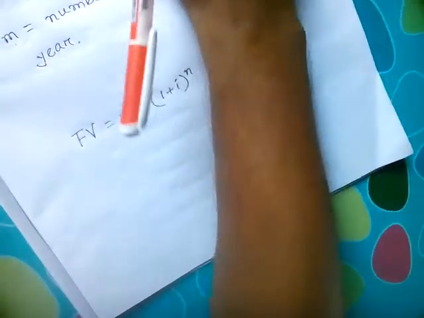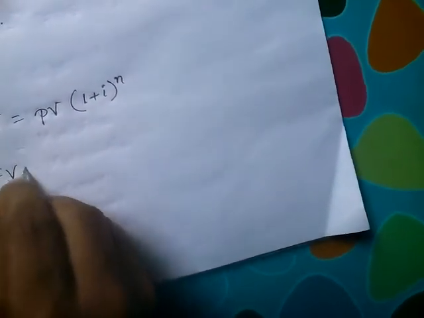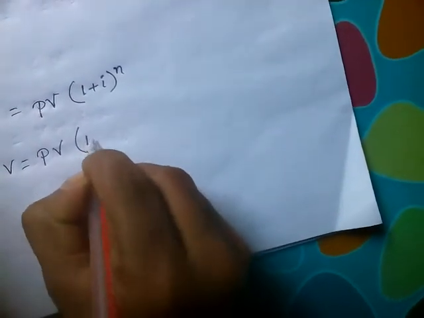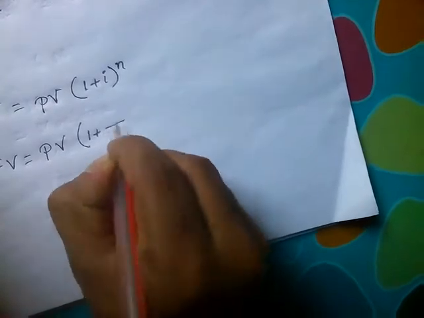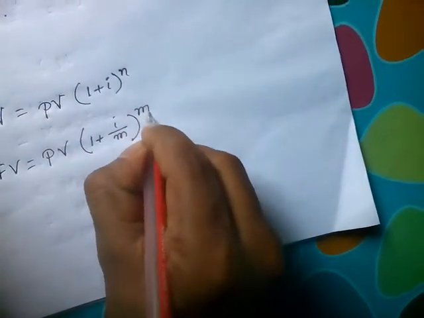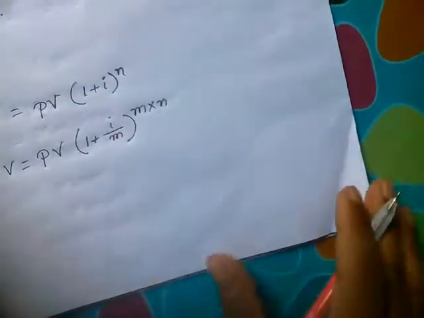In that case, you have to write this formula. FV equals PV into (1 plus I by M) to the power M multiplied by N.